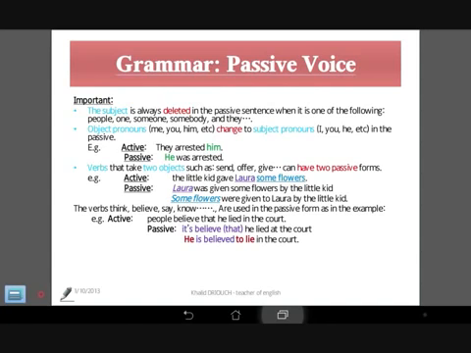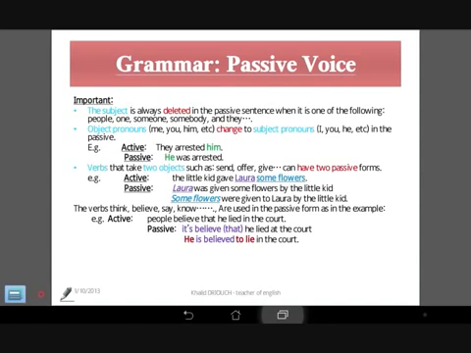Laura is object number one, some flowers is object number two. If we move object number one, Laura, we're gonna get Laura was given some flowers by the little kid. If we move some flowers, the second object, we're gonna have some flowers were given to Laura by the little kid.